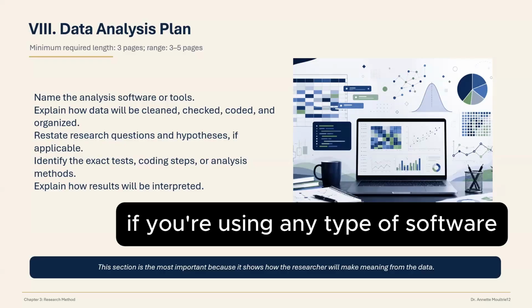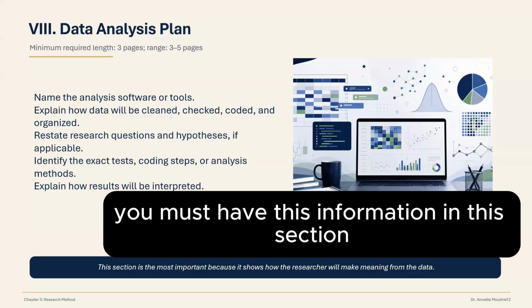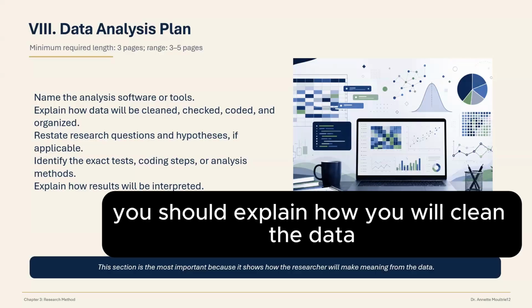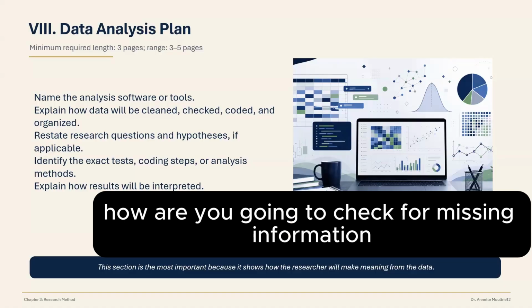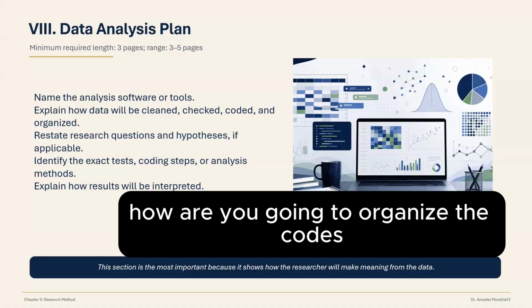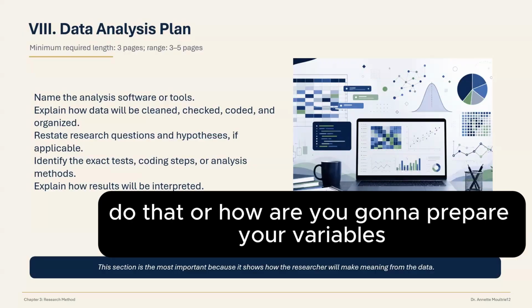If you're using any type of software like Excel or SPSS or manual coding, you must have this information in this section. You should explain how you will clean the data. How are you going to check for missing information? How are you going to organize your files? How are you going to organize the codes, the code responses? How are you going to do that? Or how are you going to prepare your variables?